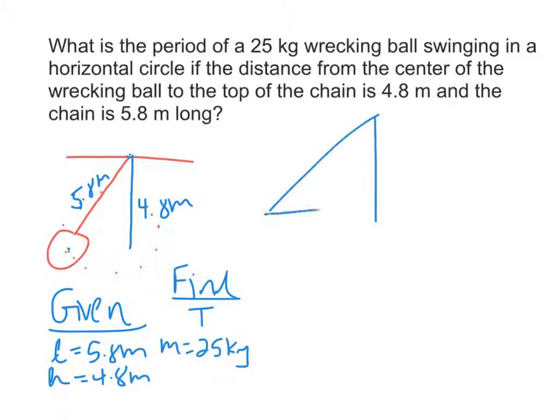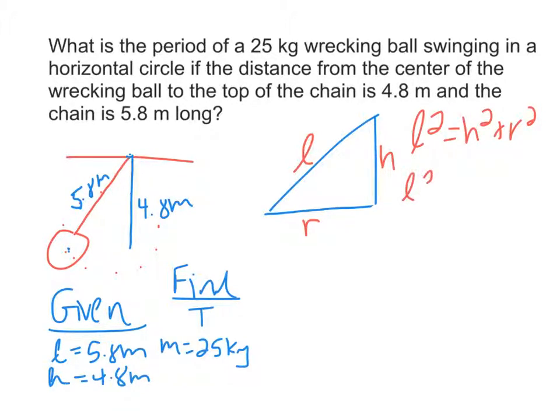Here's our triangle. Our radius is here. This is the height, and this is the length. Given length and height, you can just use the Pythagorean theorem to figure out what the radius is. So x squared plus y squared equals r squared. In this case, L squared equals h squared plus r squared.